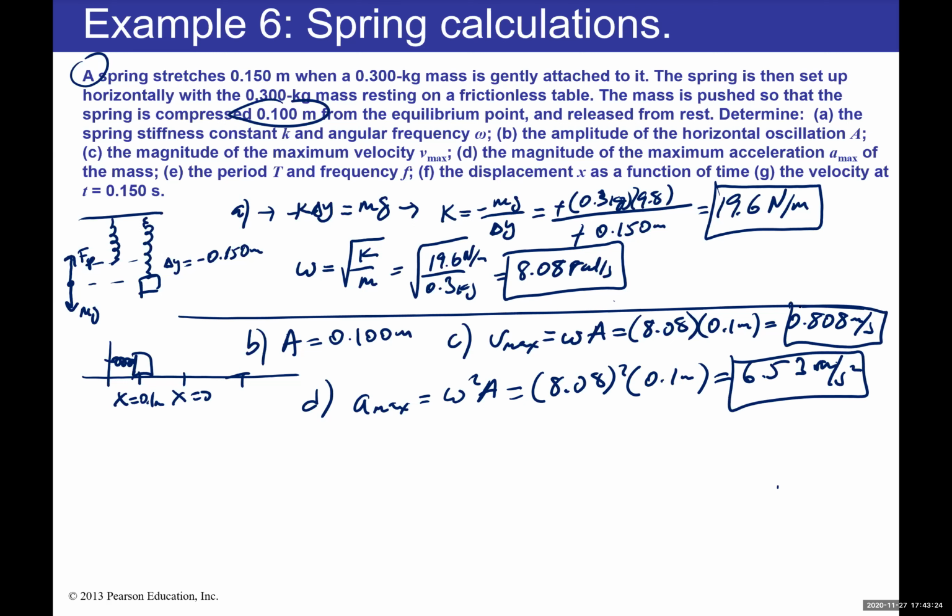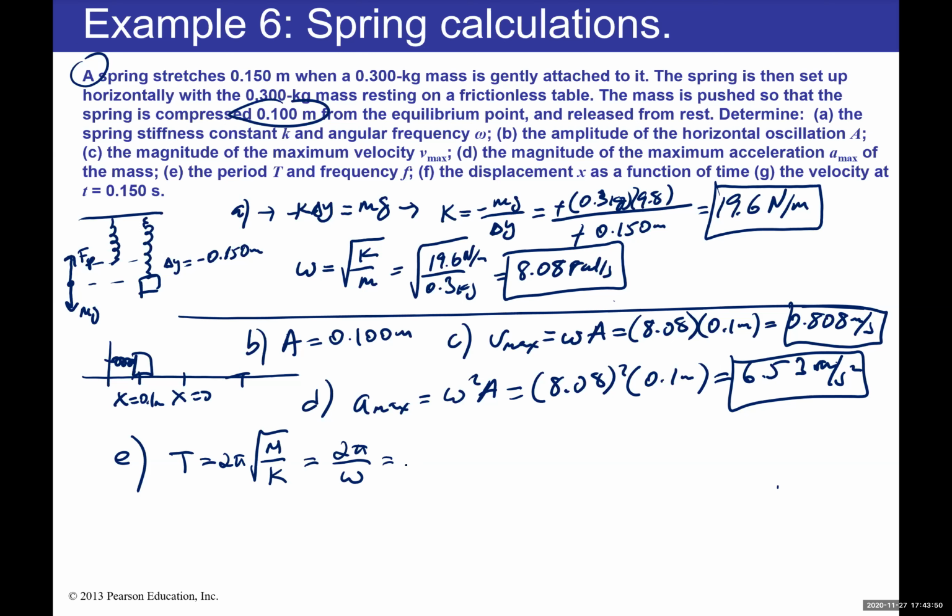Okay. Then for part E, it says the period and frequency. All right, those are also hopefully easy for you because I can calculate that several ways. So I can say, for example, the period is equal to 2 pi square root of m over k, or I can say that this is equal to 2 pi over omega. Either way is fine.